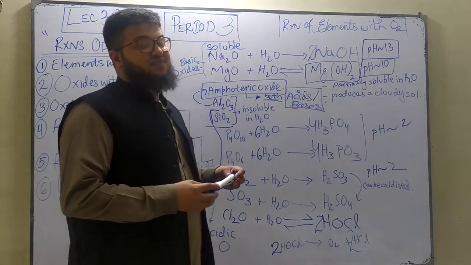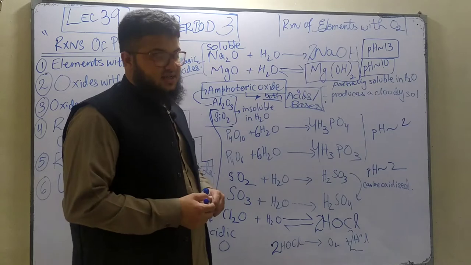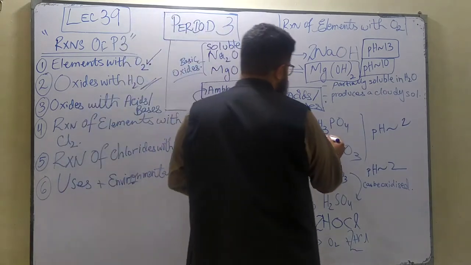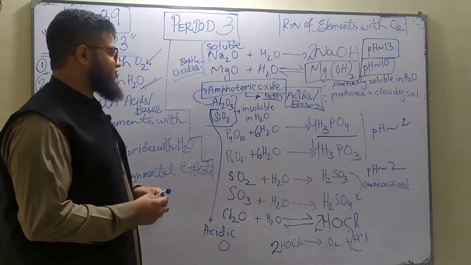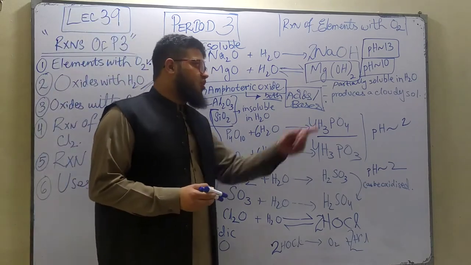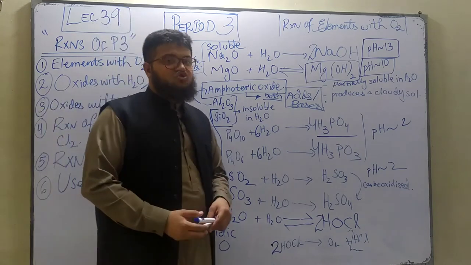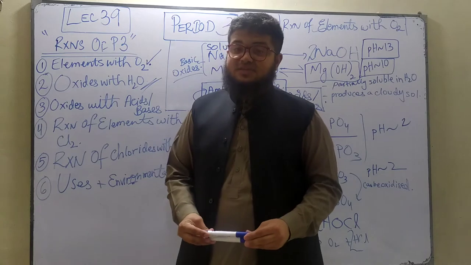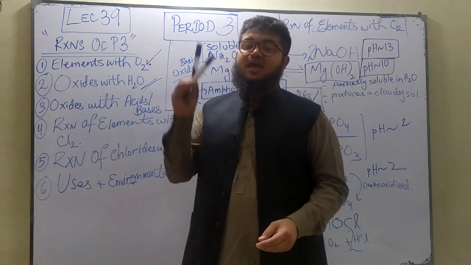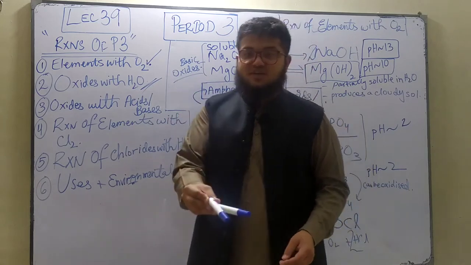P4O10, meaning phosphorus 5 oxide, dissolves in water to produce phosphoric acid, H3PO4, and the pH is approximately 2. It is a strong acid. What is the definition of a strong acid, by the way? A strong acid is any substance that fully dissociates in aqueous solution to donate protons or to produce H positive ions.